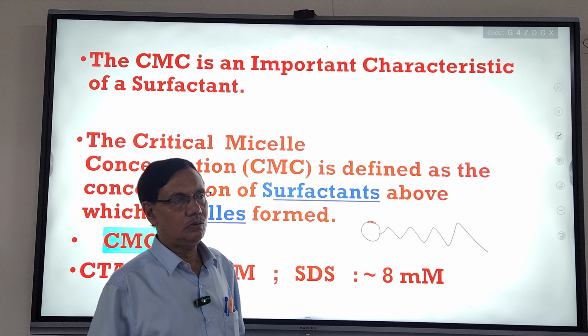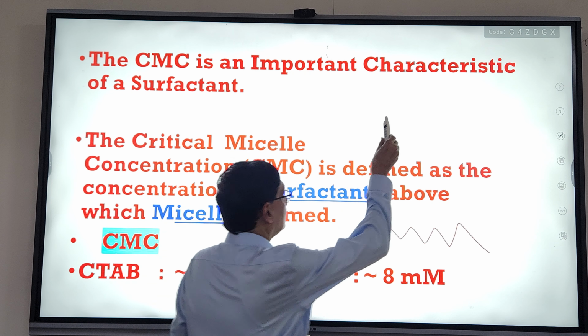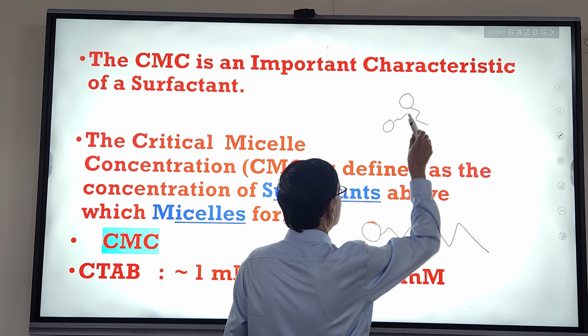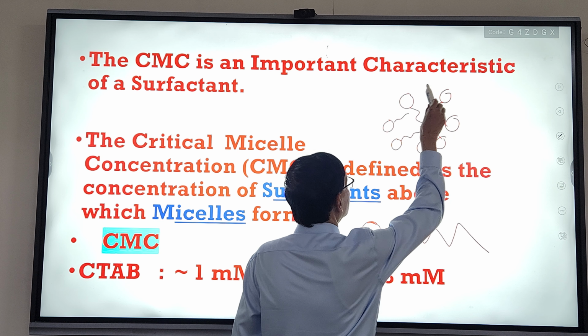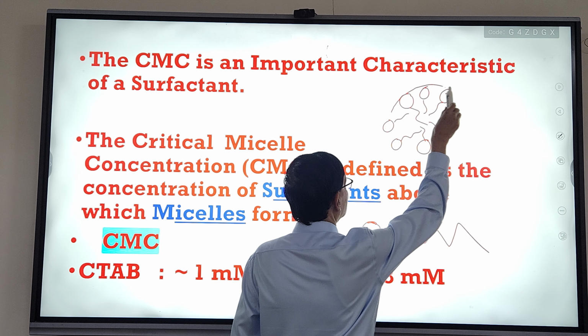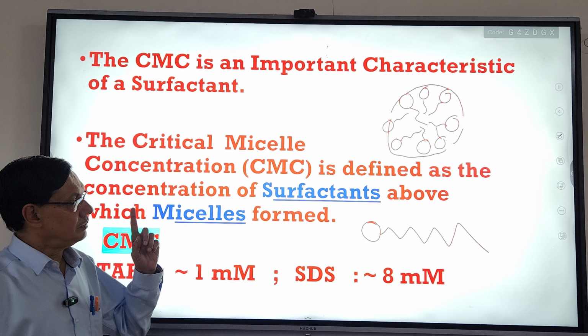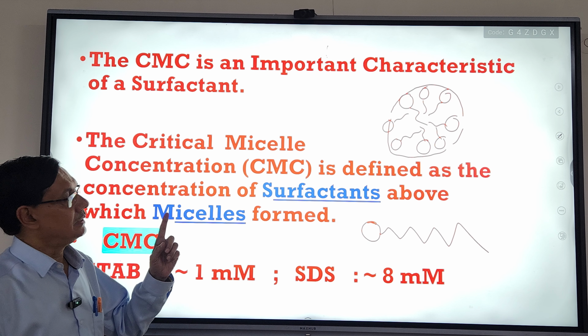Now, when we dissolve this substance in water, at a particular concentration the monomers of the surfactant form micelles. Micelle formation. So the concentration at which the surfactant forms micelles is called the critical micelle concentration.